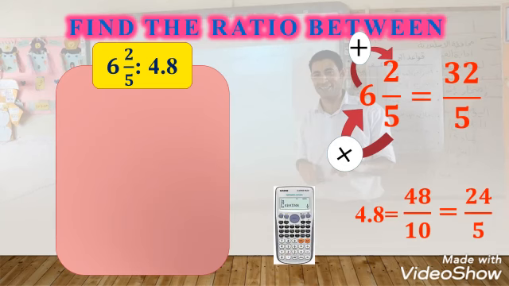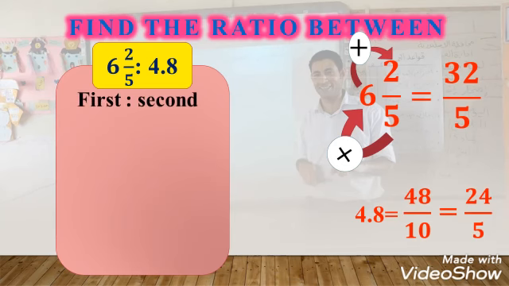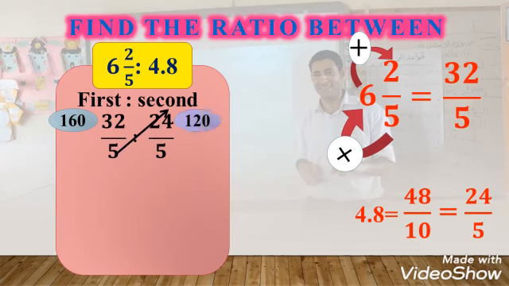Of course we can also use our calculator. So first to second equals 32 over 5 to 24 over 5. Using the way which we used before, we can do scissors: 5 times 32 equals 160, 5 times 24 equals 120.